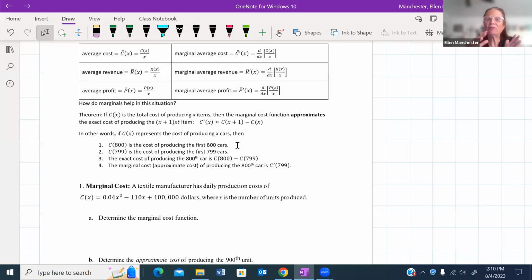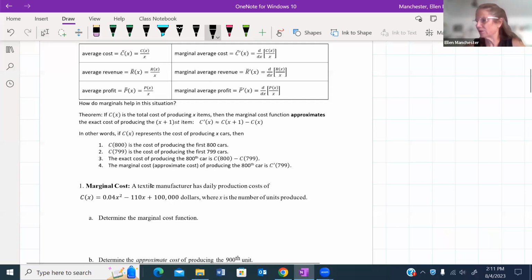If I do C of 799, that is the total cost of producing the first 799 cars. When I find the difference between the two, that gives me the exact cost of the 800th car, because I'm finding the difference between how much it cost to produce 799 cars and how much it cost to produce 800 cars. That is the cost of the 800th car, and that's exact.